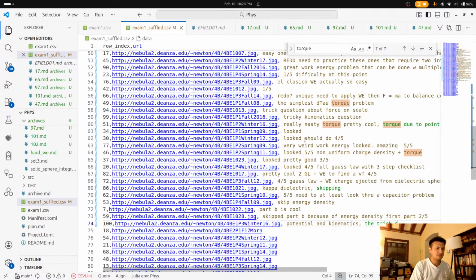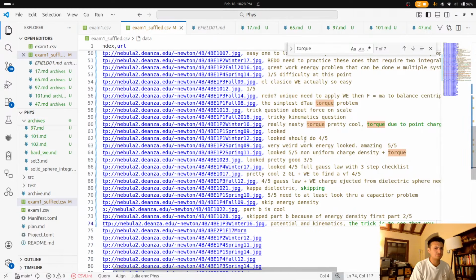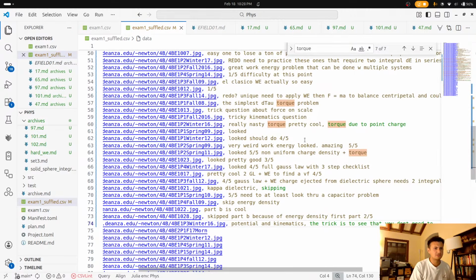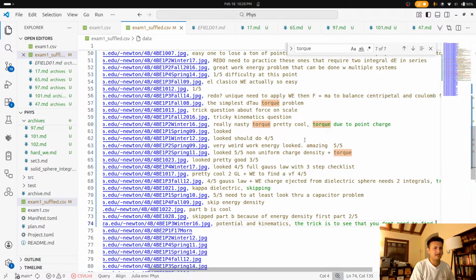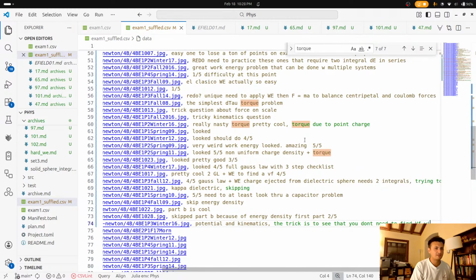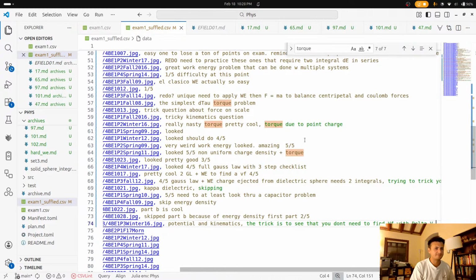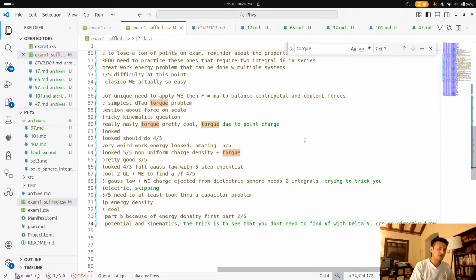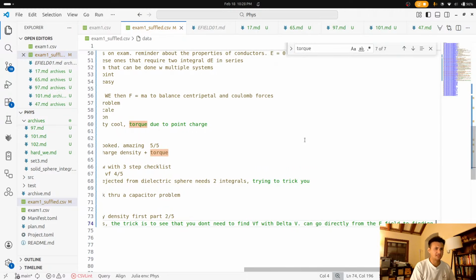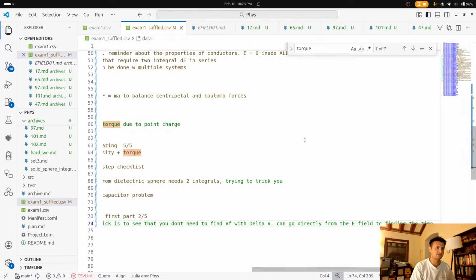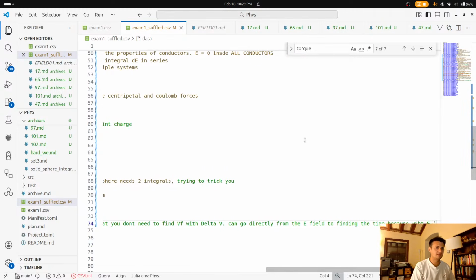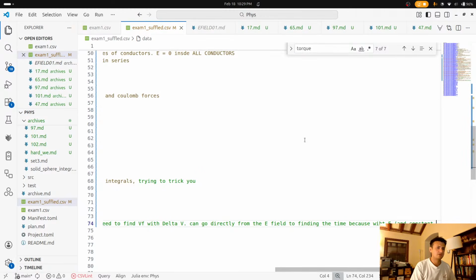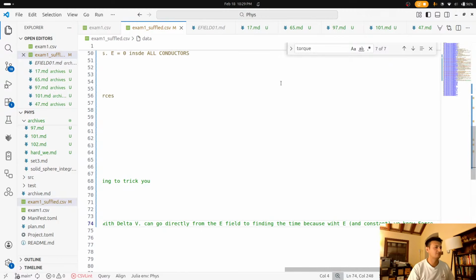The trick is to see that you don't need to find vf with delta V. You can go directly from the E field to finding the time because with E constant, we know the force. All right.